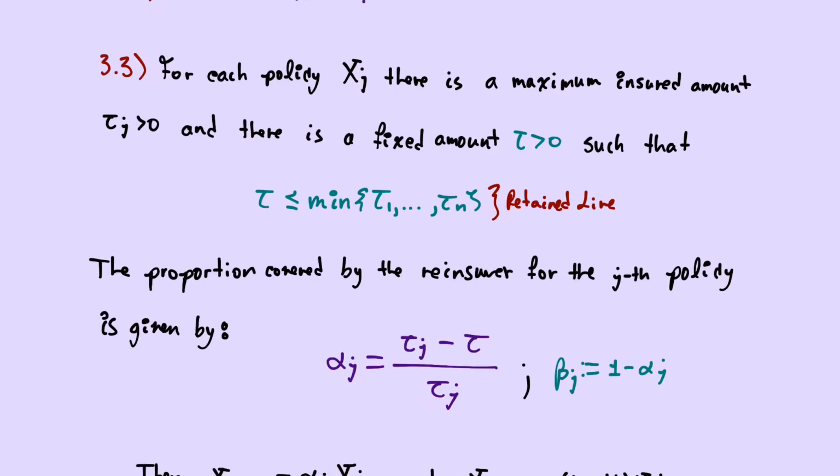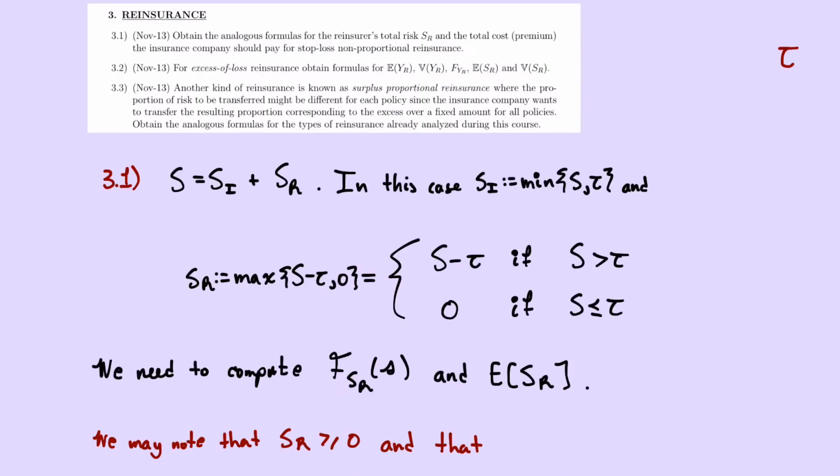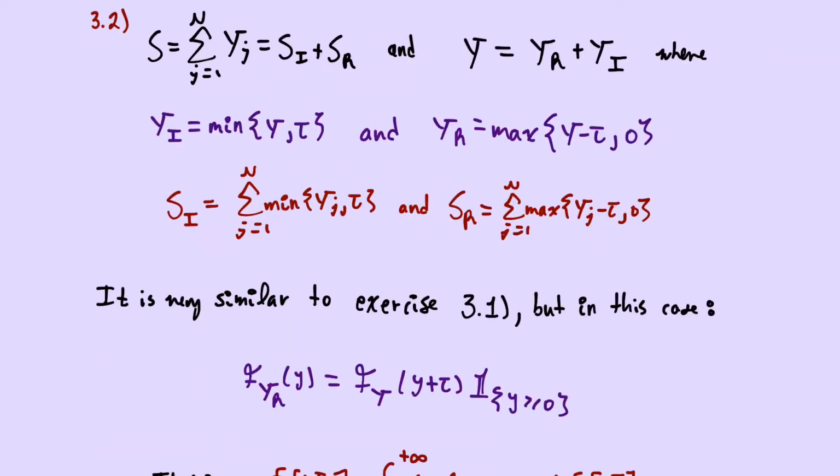So for each policy, first of all, the explicit sentence is not stated here, but the idea of this reinsurance method is intrinsically for an individual risk model. Why? Because the idea of this, I don't know.